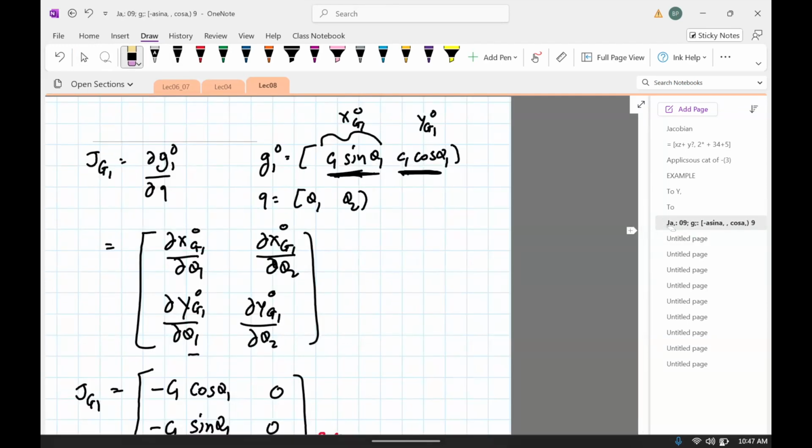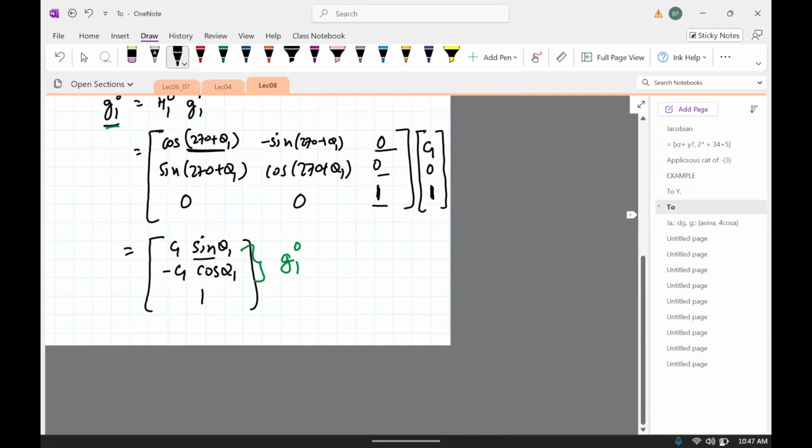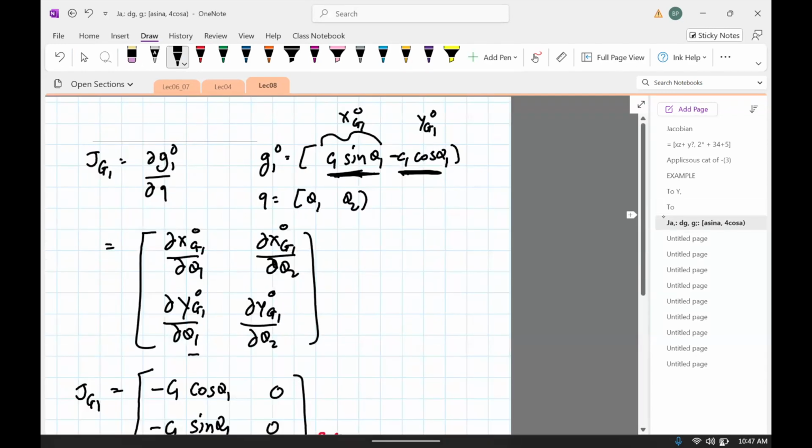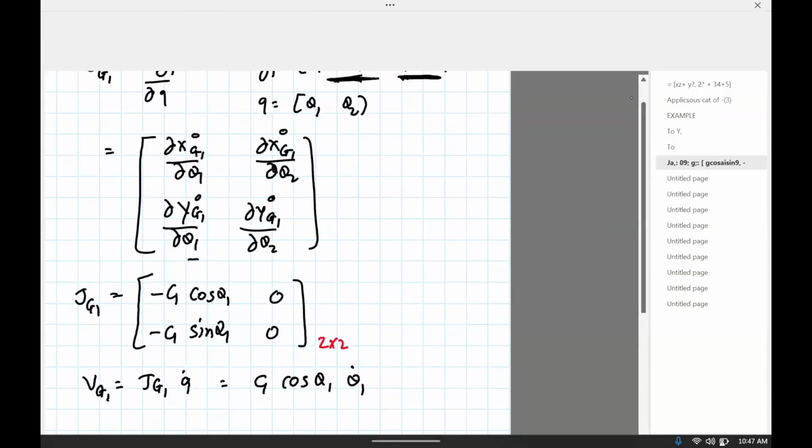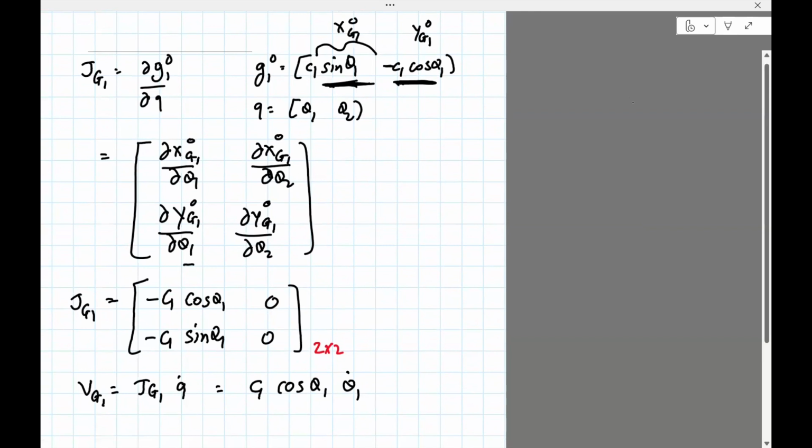It should be C1 sine theta 1 minus C1 cosine theta 1. So positive on the first one, negative on the second one. When I take the derivative, it will be positive here, and then that will be positive.